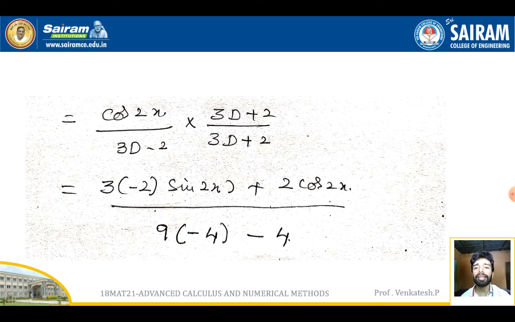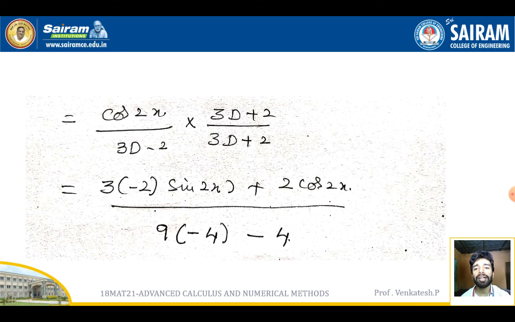After multiplication I'll get the equation like 3d plus 2 into cos 2x divided by 9d square minus 4. So on multiplying, I will get 3d into cos 2x plus 2 cos 2x divided by 9d square minus 4.